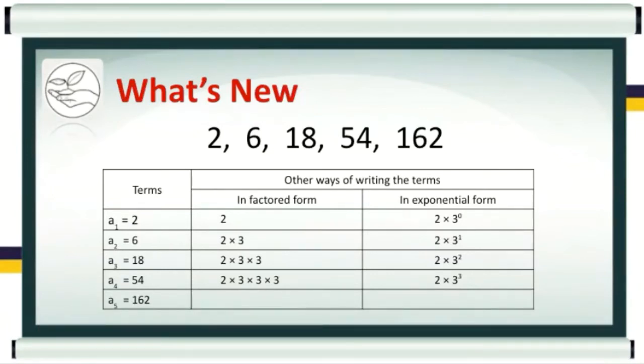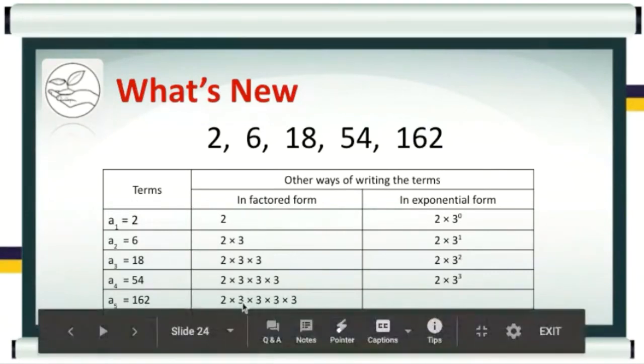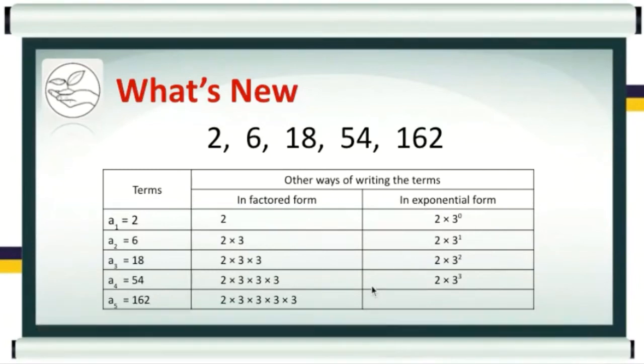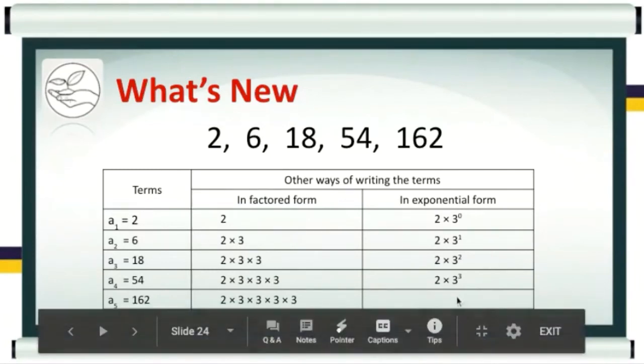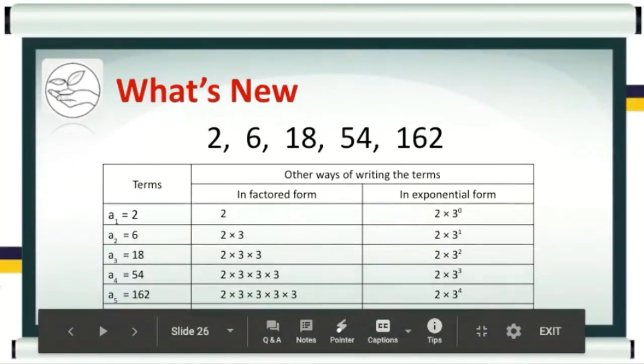Now, for the fifth term, there will be 4 3's already. But if we are going to write it in exponential form, there will be 2 times 3 to the power of 4, less than its position, that is the fifth term.